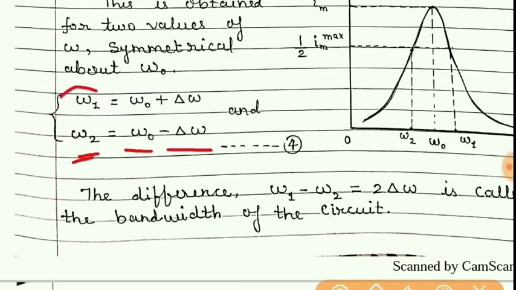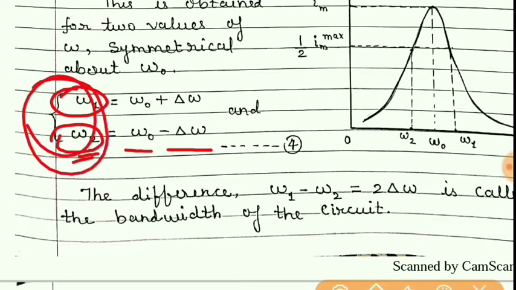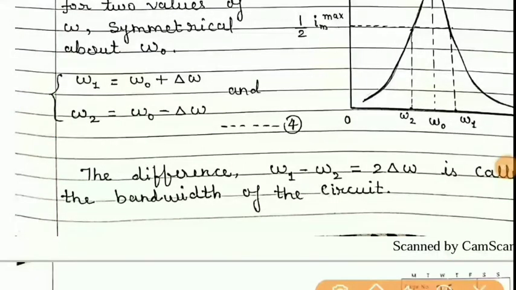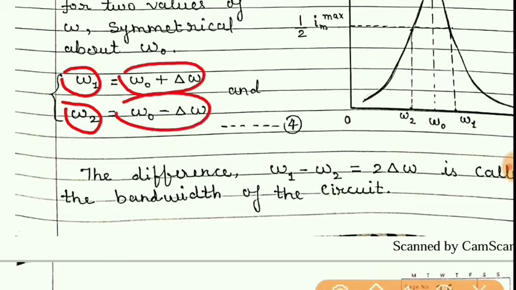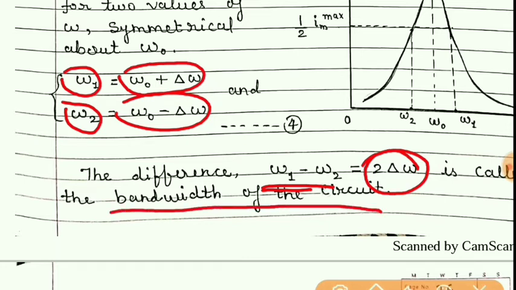We can call omega 1 the upper frequency and omega 2 the lower frequency, and the difference of these two is 2 delta omega. So students, if we calculate omega 1 minus omega 2, you will get 2 delta omega, which is called the bandwidth of the circuit.